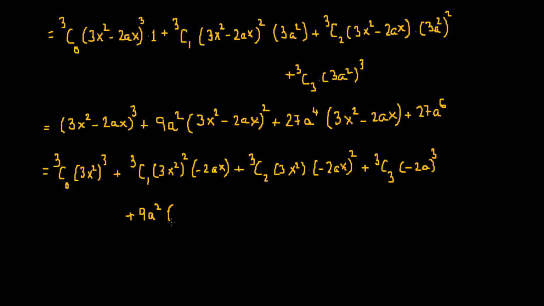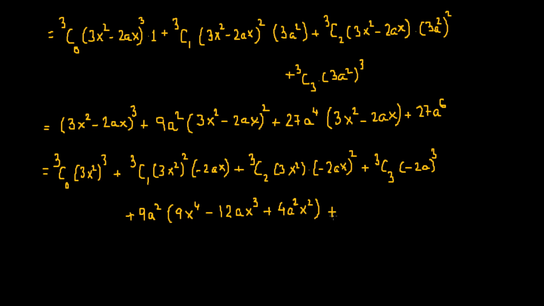Great, plus 9a squared. So I'm going to use the identity (a minus b) whole squared. So (3x squared minus 2ax) whole squared would be 9x to the power of 4 minus 2 times 3x squared, which is 6x squared. So 6x squared times 2a is 12ax cubed plus (2ax) whole squared, which is 4a squared x squared.